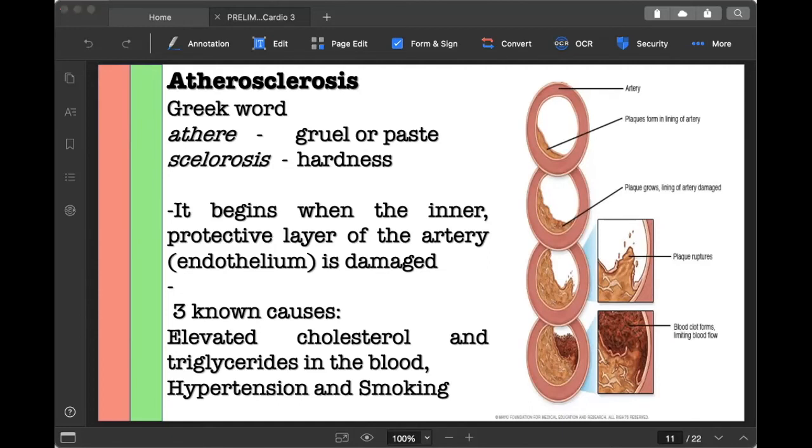So what is happening here? The deposition of fatty substances, cholesterol, cellular waste products, and calcium. There's a buildup of atheroma, or what we term the lipid plaque, with a fibrous covering, and blood flow in the artery becomes partially or completely blocked.